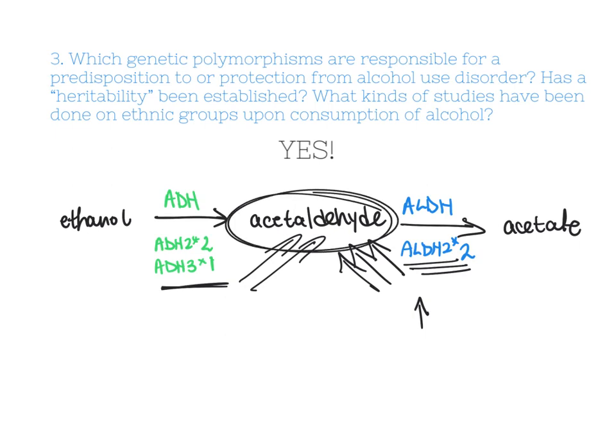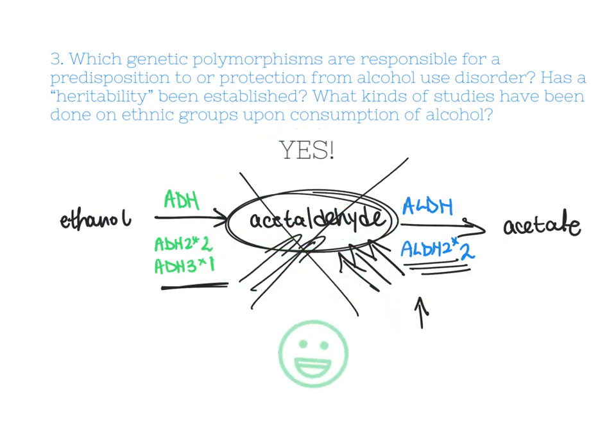If you have an enzyme that's getting rid of acetaldehyde faster, then what happens? You don't get a hangover. You don't get the flushing. You don't get the headache. You don't get the nausea. You don't get all these bad symptoms that make alcohol bad. And instead, you get all the good things, all the good feelings of alcohol.